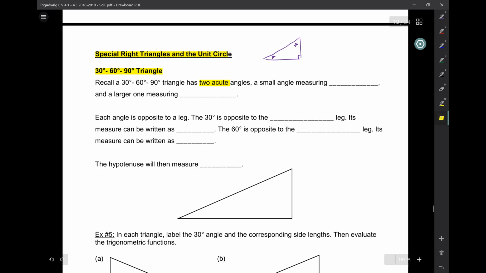So there is a small angle measuring 30 degrees, and a larger one measuring how much? 60 degrees. All this we already know. We also know each angle is opposite to a leg. The 30 degrees is opposite to the shorter leg.